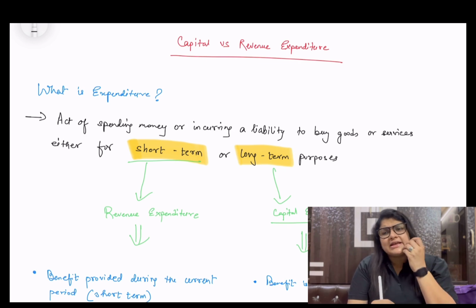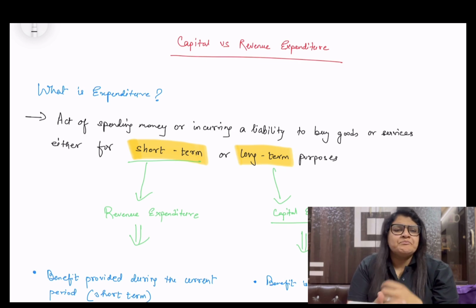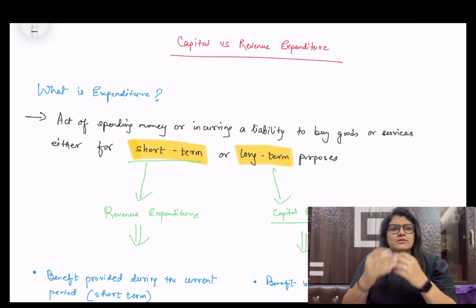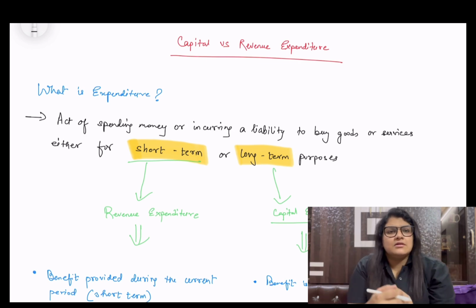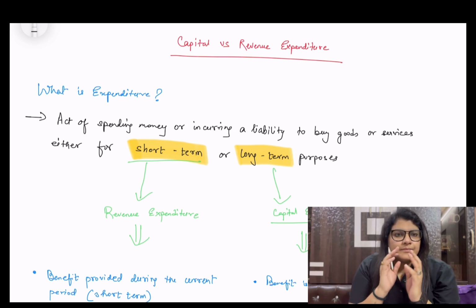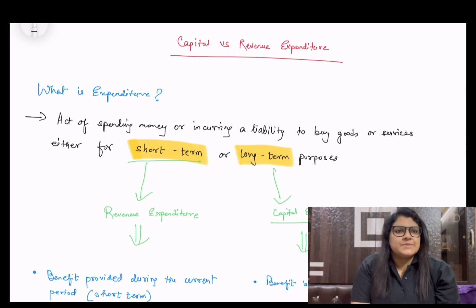Basically, an expenditure is an act of spending money to get any goods or any service. Anything you want to buy or any service that you want to take is an expenditure. It can either be for a long-term or a short-term purpose.